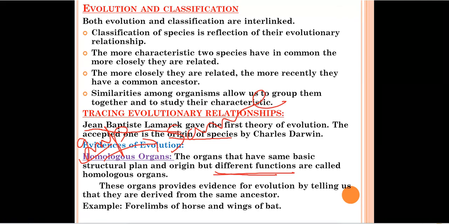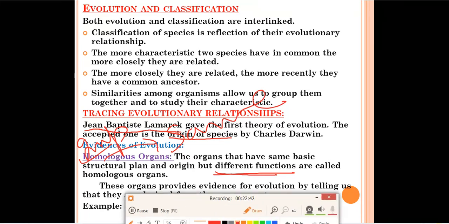For example, the 4 limbs of a horse and the wings of a bat: their structure and origin are the same, but they differ in function. Wings of bats are used for flying, but the 4 limbs of a horse cannot be used for flying, right? So this was all about homologous organs.